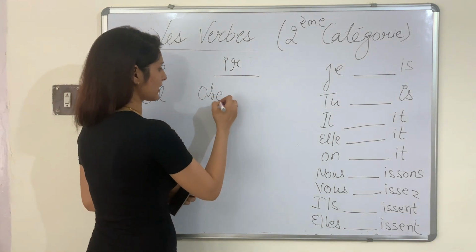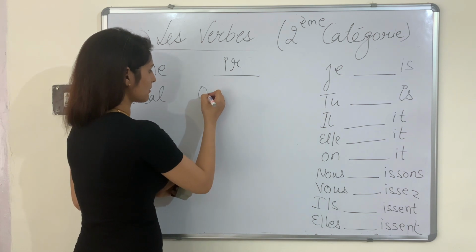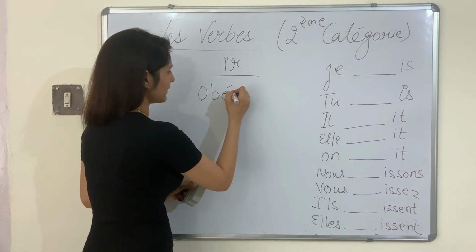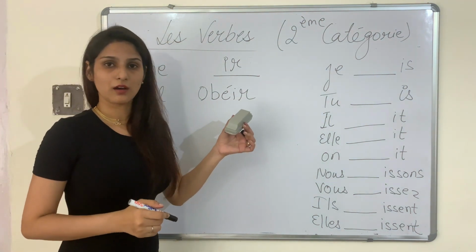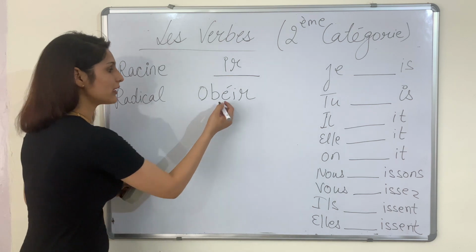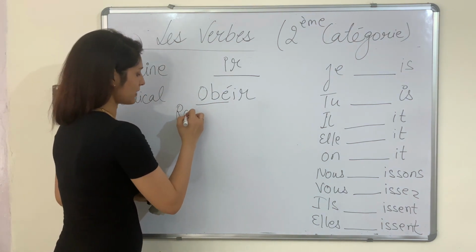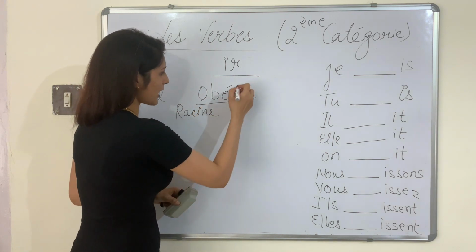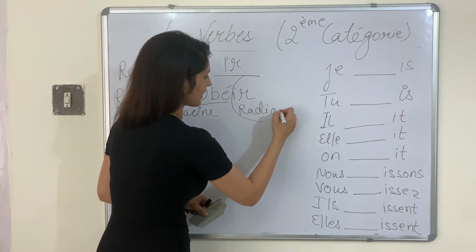First of all, let's take Obéir. The verb obéir belongs to the second category, and over here is your racine. This is your racine, and this portion is your radical.